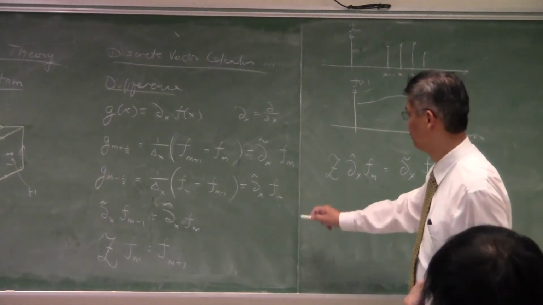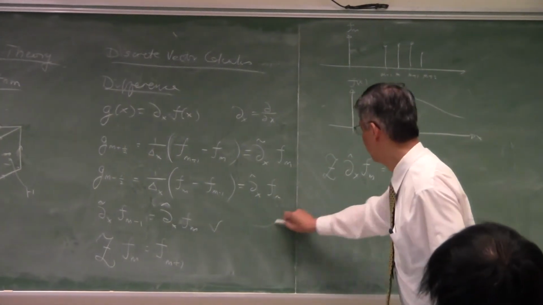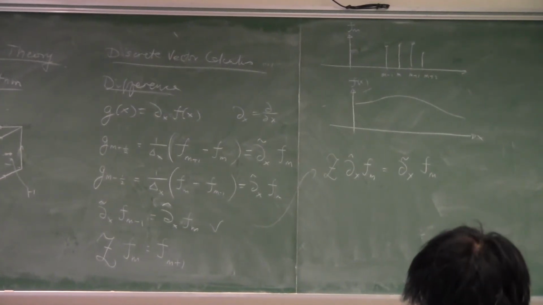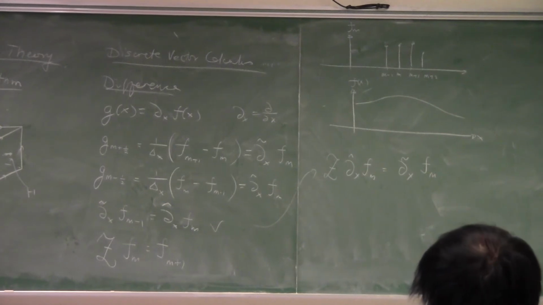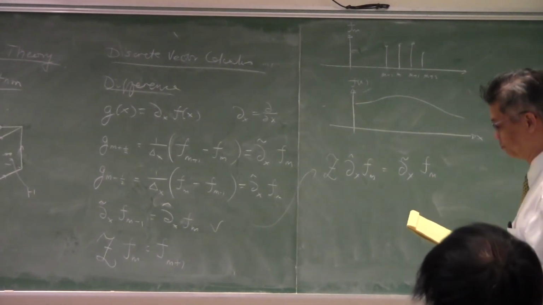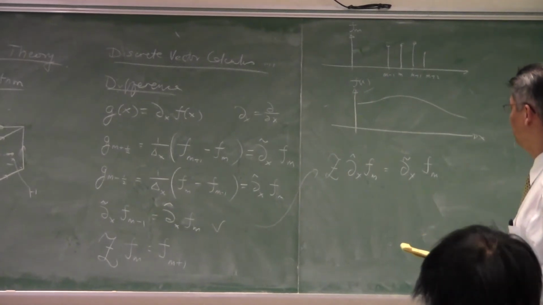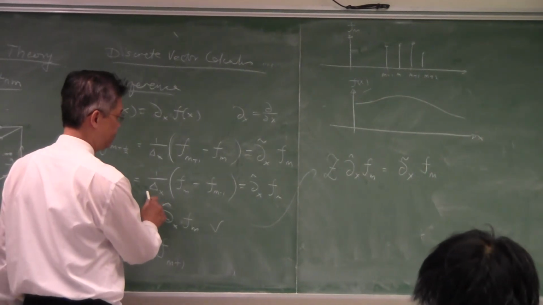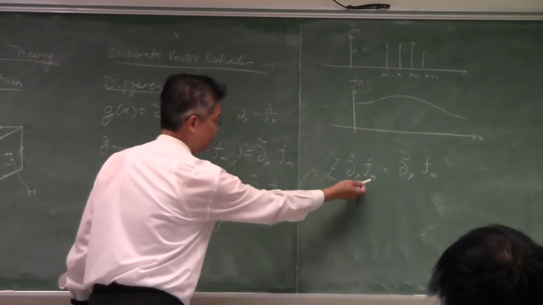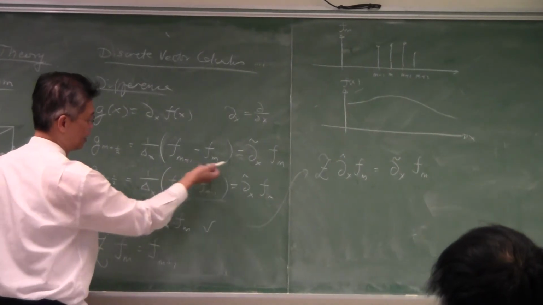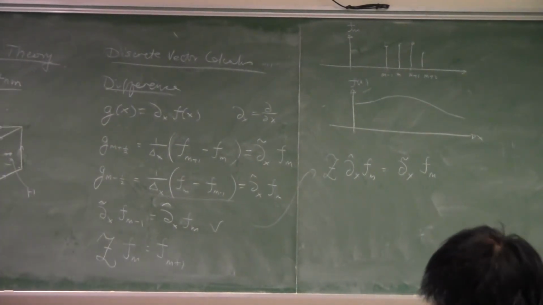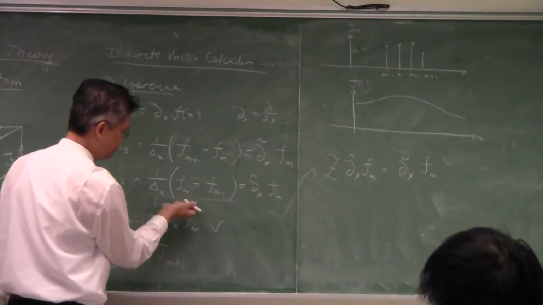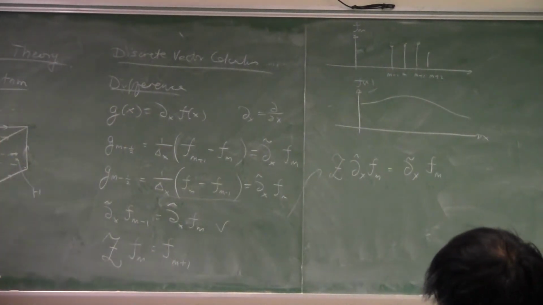If you look at this equation, if I were to shift the left-hand side, I should get the right-hand side. And if I were to shift one of these by m plus 1, what this equation says is that if I shift it by 1, I get the above equation, not this equation.